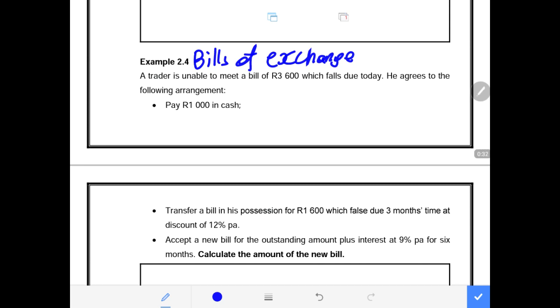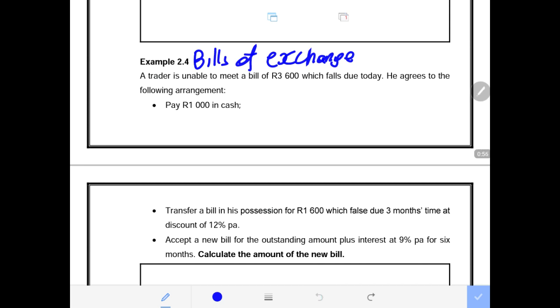A trader is unable to meet a bill of 3,600 which falls due today, meaning this person is owing an amount of 3,600 today. Then it says he agrees to the following arrangements.